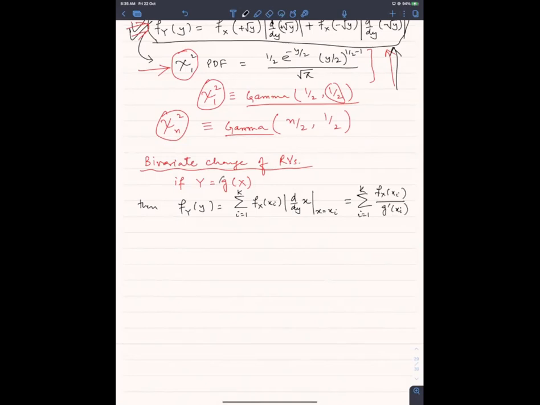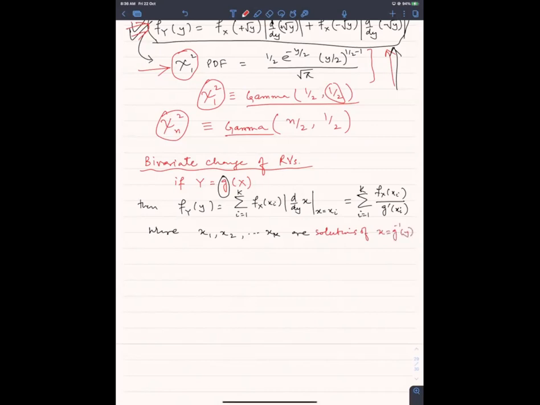G prime, where g is the same function as this one, where x1, x2, dot, dot, dot, up to xk are solutions of x is equal to g inverse y.